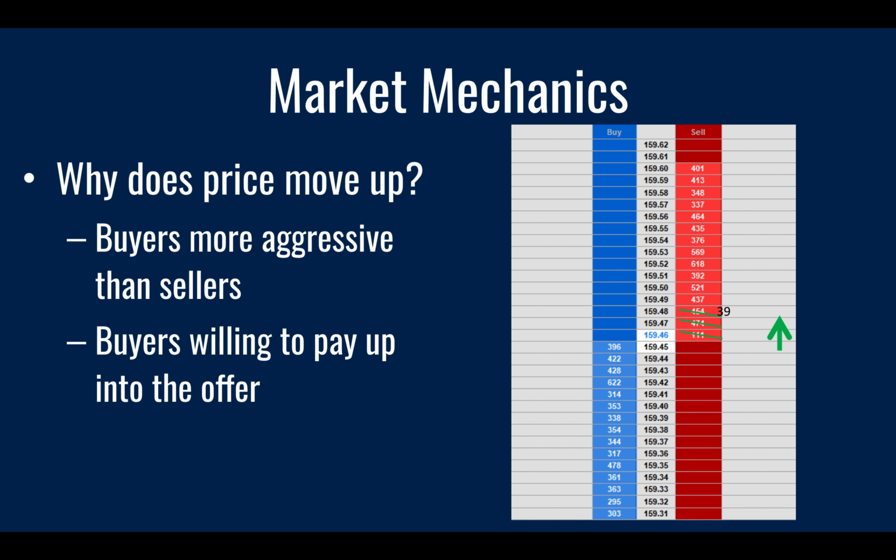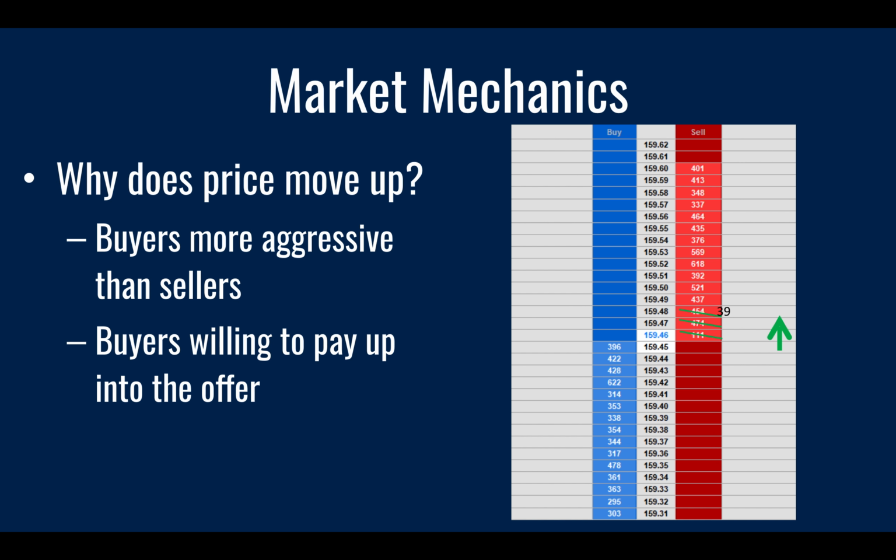If an aggressive buyer bought 1,000 contracts at market, price would move up to 159.48. The buyer would end up with all of the 111 contracts from 159.46, all 474 contracts from 159.47, and 415 out of the 454 contracts at 159.48.